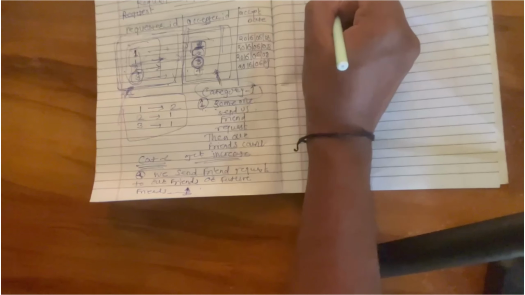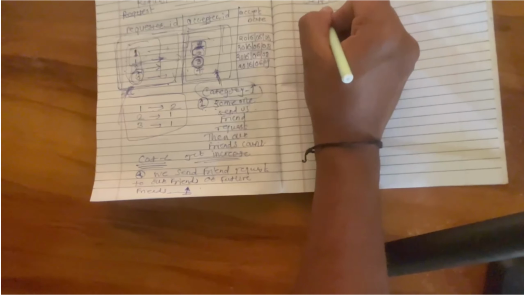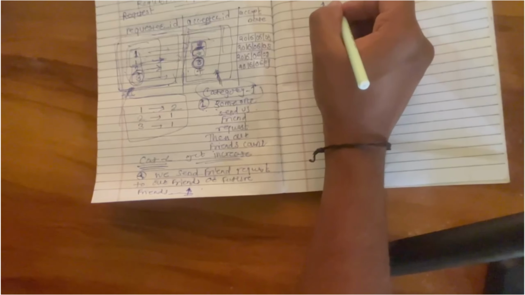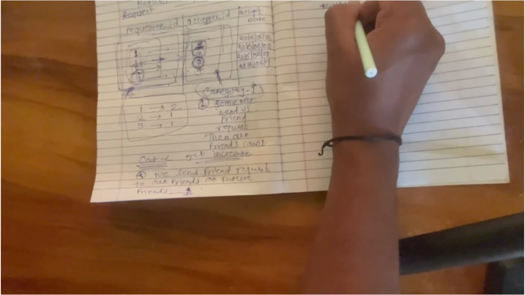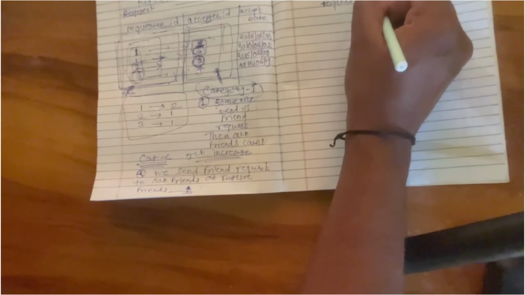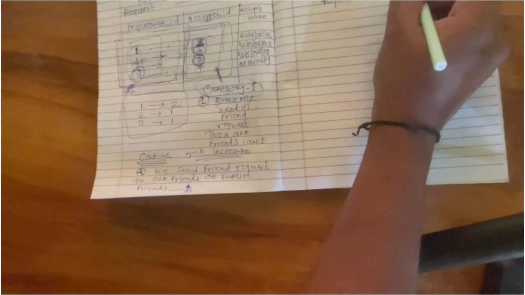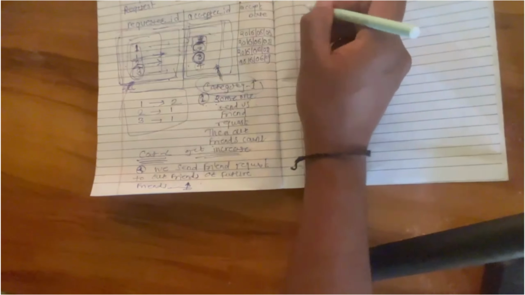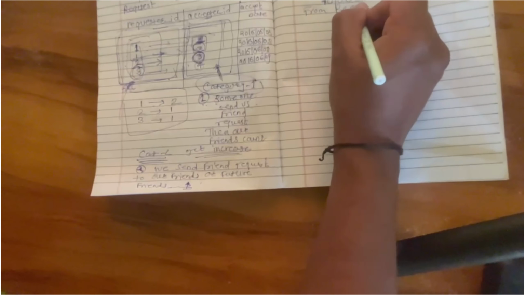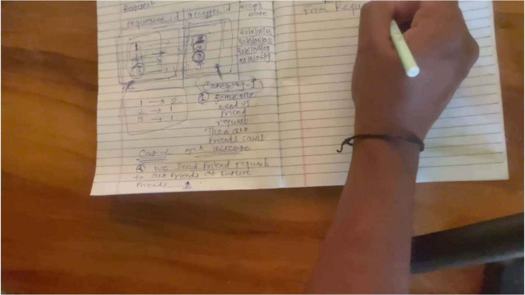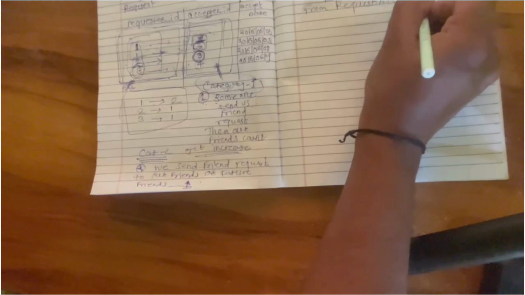So I will do select requester ID as ID from request accepted, okay.